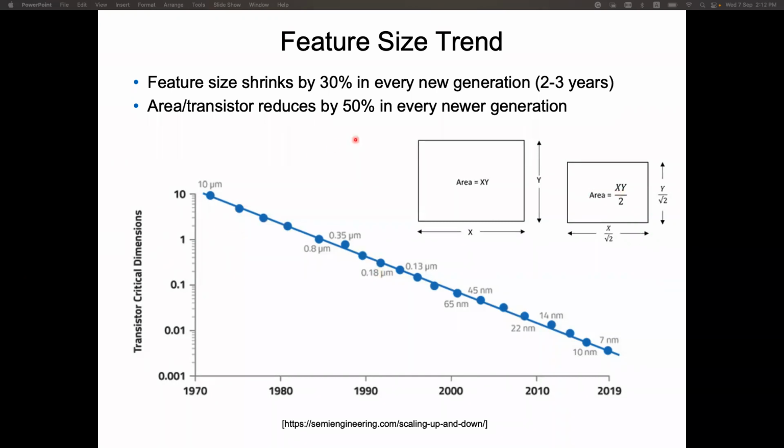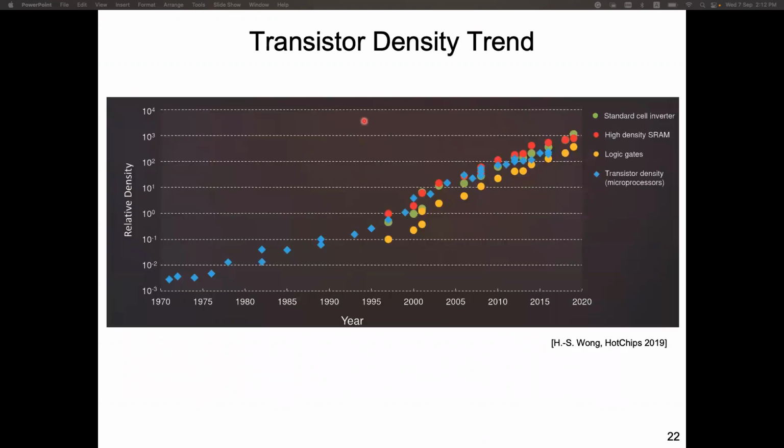In other words, the density, the number of transistors per area, doubles in every generation. So that's the transistor density trend. This is a relative density. This is the year. Different colors refer to different digital ICs.